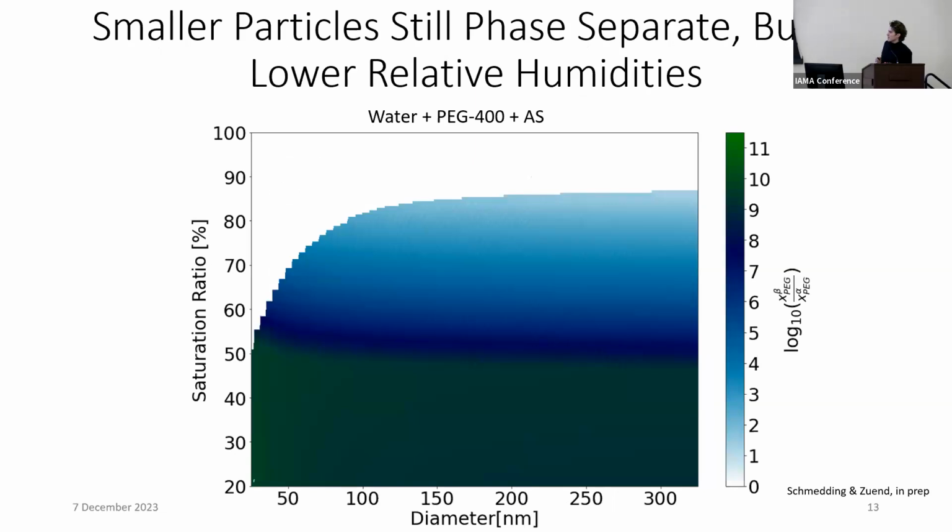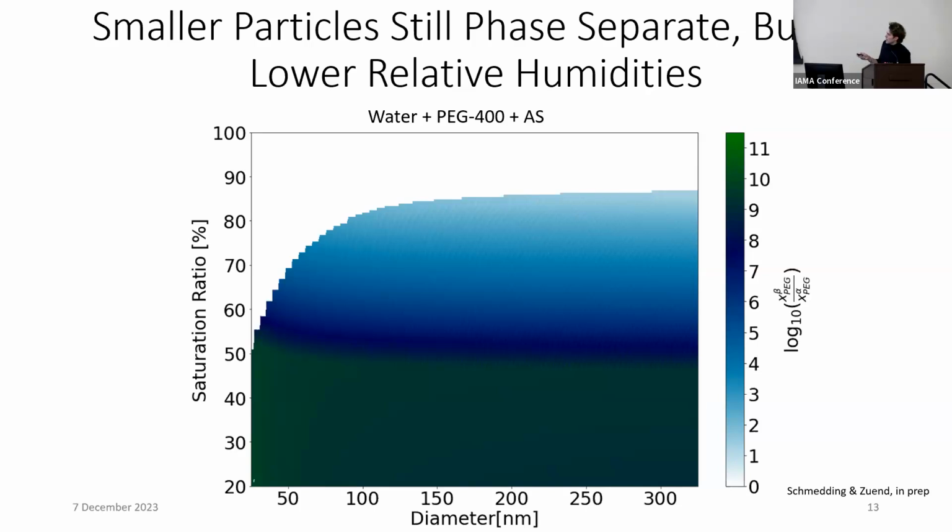Now, going back to the beginning, when we talk about size-limited phase separation, all these energetic contributions from surface tension and interfacial tension and bulk phase depletion can lead to some size-dependent phase separation, which is what we're finding here. So this is for a water PEG and ammonium sulfate particle, and we see that above 150-ish nanometers, there's not really a huge effect on the separation relative humidity.